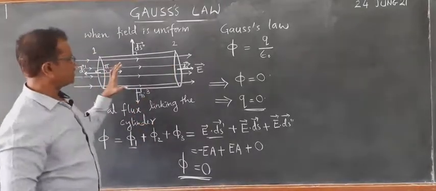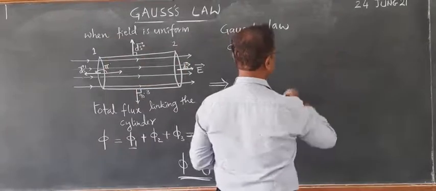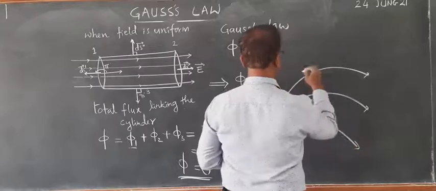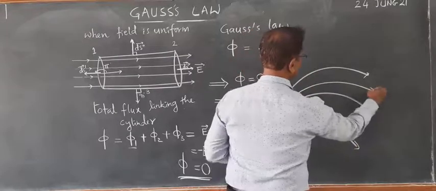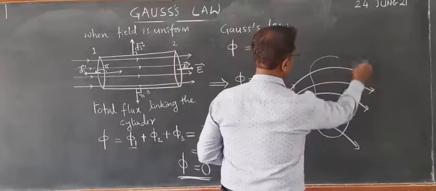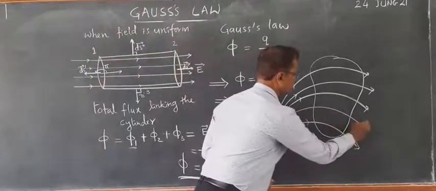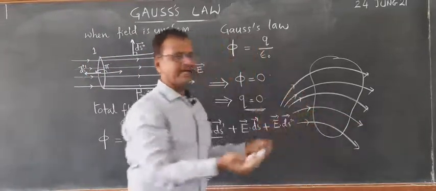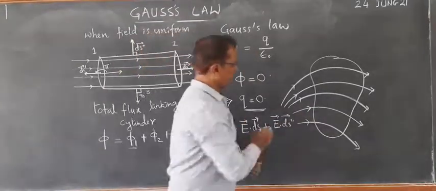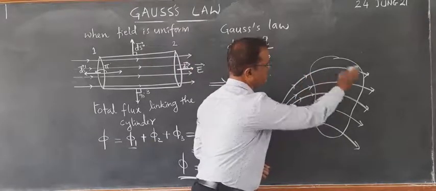So, here we have taken the example of the uniform electric field. Even if it is a non-uniform electric field, suppose this is an example of a non-uniform electric field, and there is any closed surface which does not have any regular shape, an irregular surface, then the number of field lines entering here, look at this, is equal to the number of field lines leaving out.